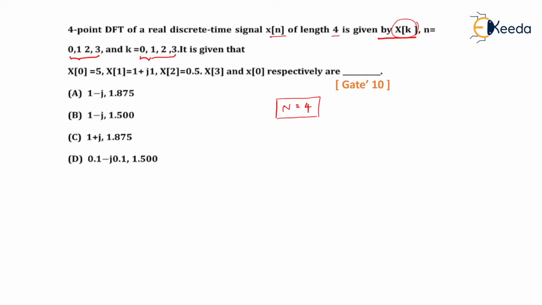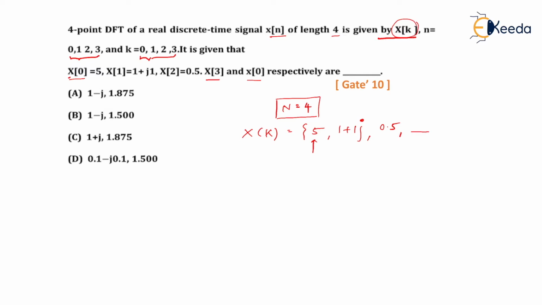Then it is given as X of 0. See to it carefully, this X is a capital one. So what they have given you is information of X of k. The first information, X of 0, is 5. Then we have X of 1 as 1 plus 1j. Then we have the value of X of 2 as 0.5, and the value of X of 3 and small x of 0 they are asking you.